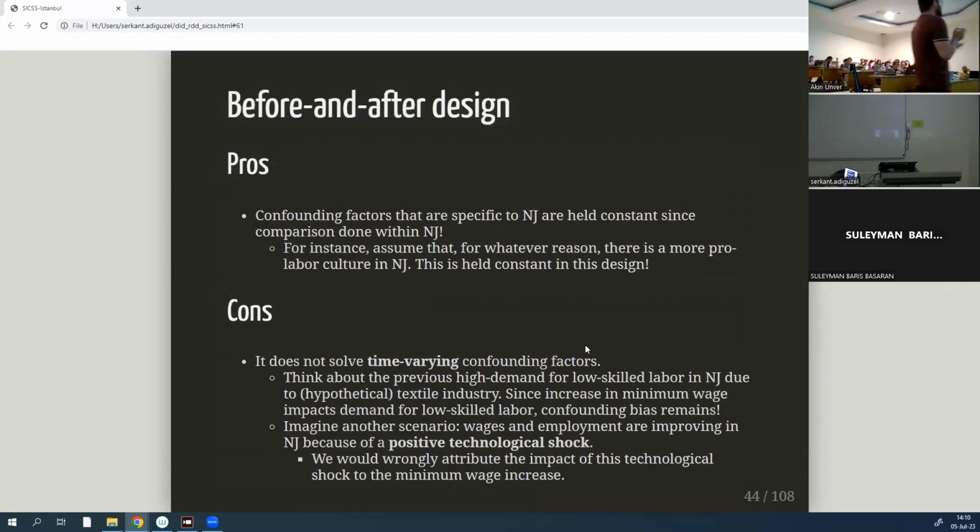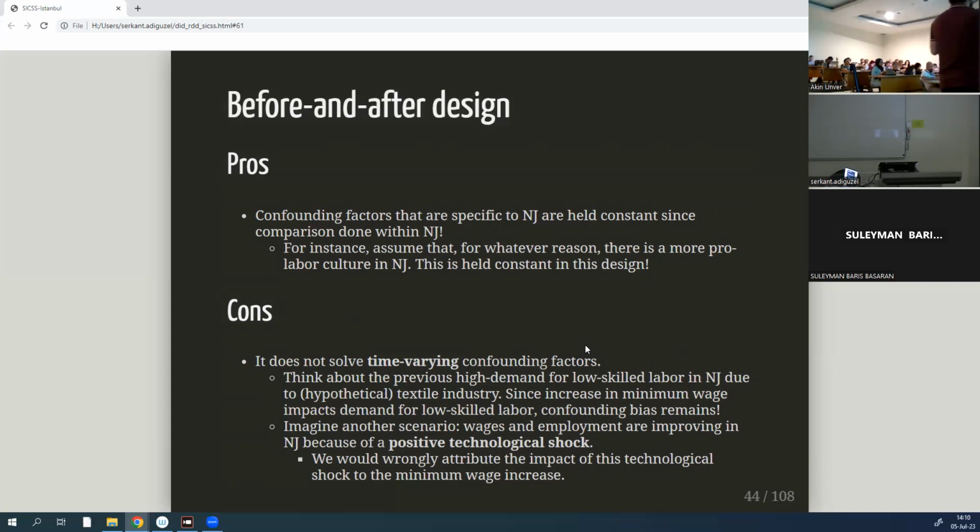Although time invariant things, like things specific to New Jersey, are taken into account, time variant things can still potentially confound the relationship we find. Let's assume there is a positive technological shock in New Jersey. Maybe they find a new technology, or they find oil in New Jersey. Maybe that is actually what's driving the change in outcome that we observe, right?